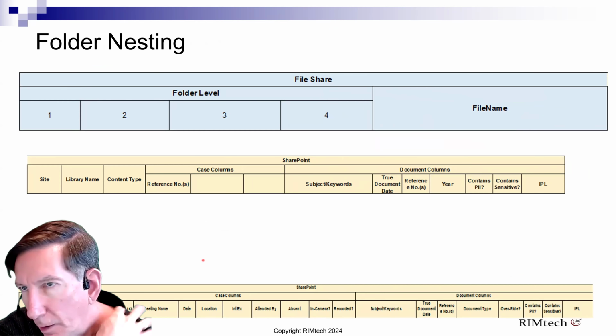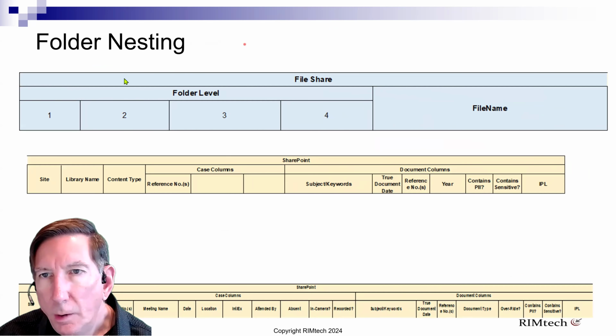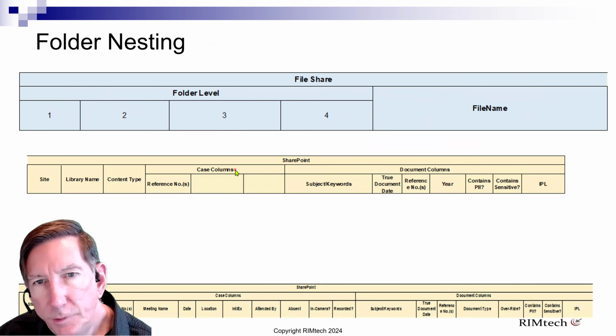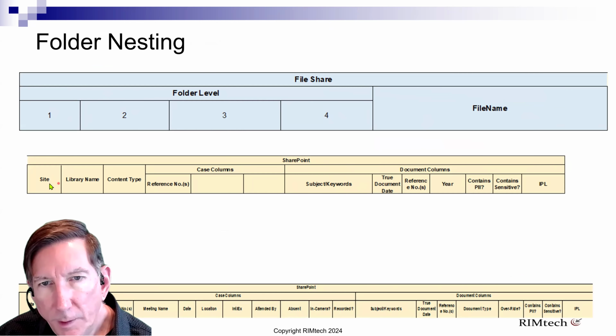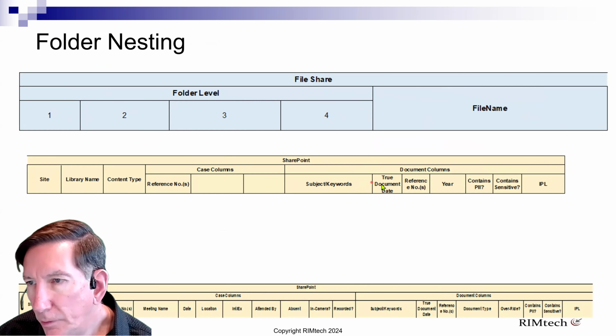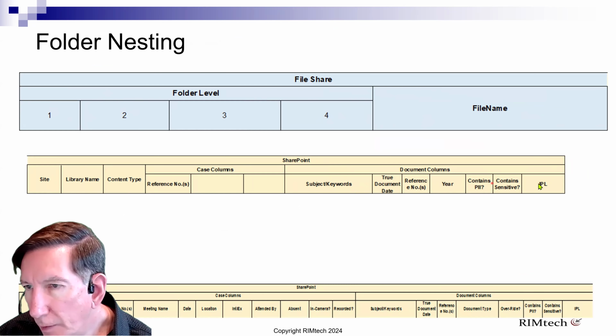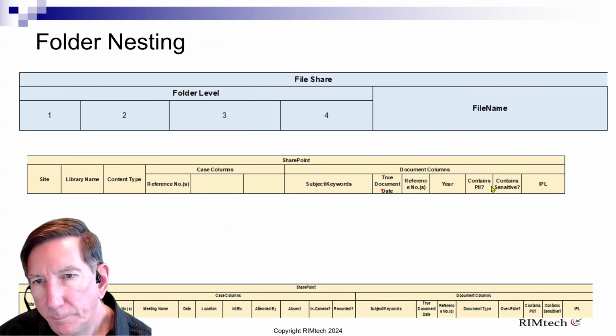So here's an example of a file share in blue with 4 levels of nesting in the folders. But in SharePoint, what do we have? We have a site, a library name, a content type, and then we have 1, 2, 3, 4, 5, 6, 7 columns.